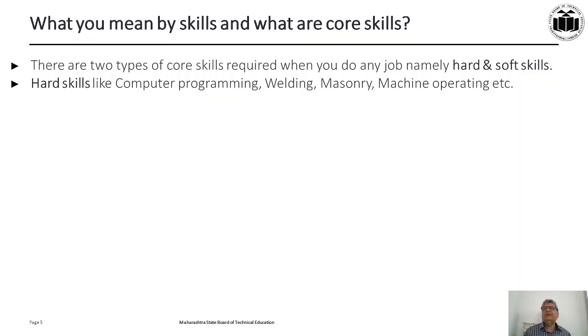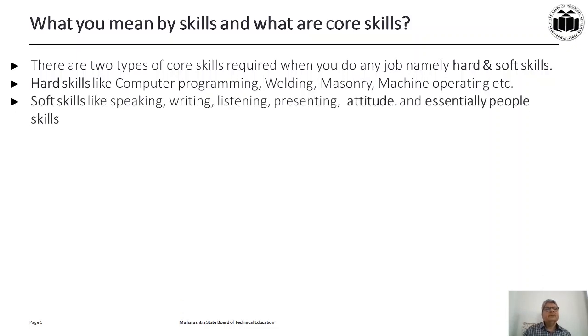So there are different jobs or different domains, and you must have those technical skills or domain skills. Soft skills are like speaking, writing, listening, presenting. So you must have oral skills, you must have writing skills, and you should be able to listen to people patiently. You should be able to present a certain idea in front of people.